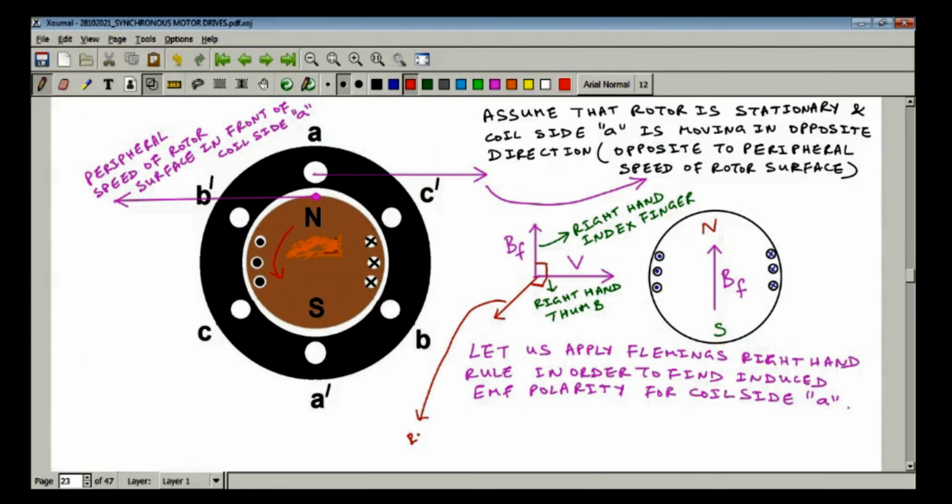Right hand middle finger pointing out of screen. So pointing out of screen means that it is your dot polarity. So this will be dot. Induced EMF polarity will be dot.